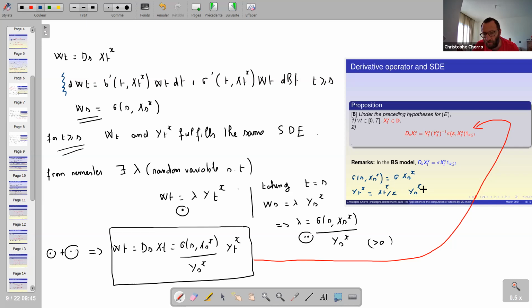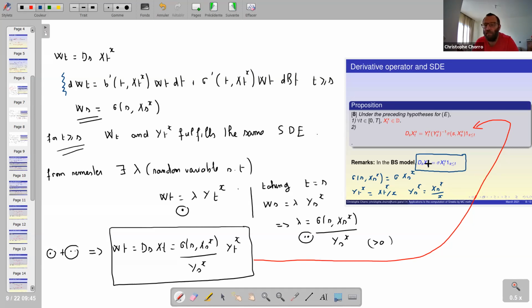You have Y_s of x, that is X_s of x divided by x. If you plug these three in this basic relation, you obtain, for the Black-Scholes model, the value of the derivative operator that is given by this expression.